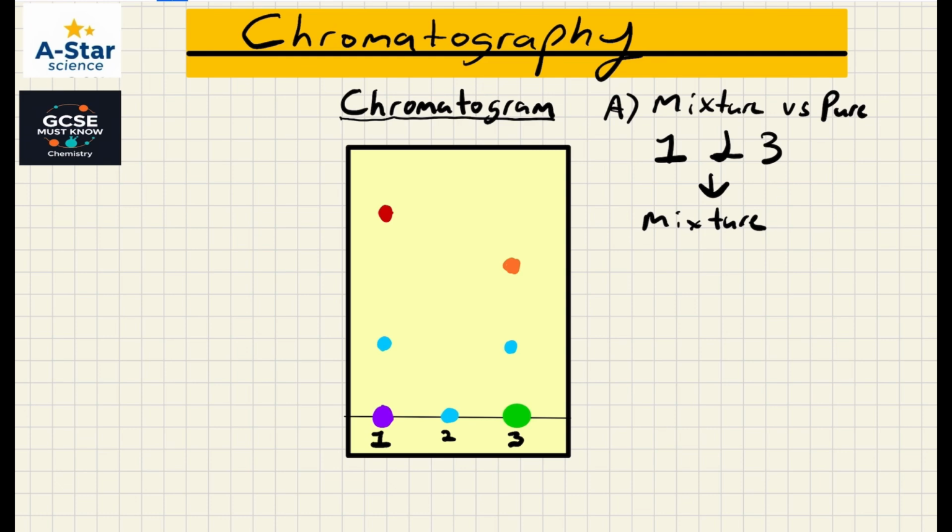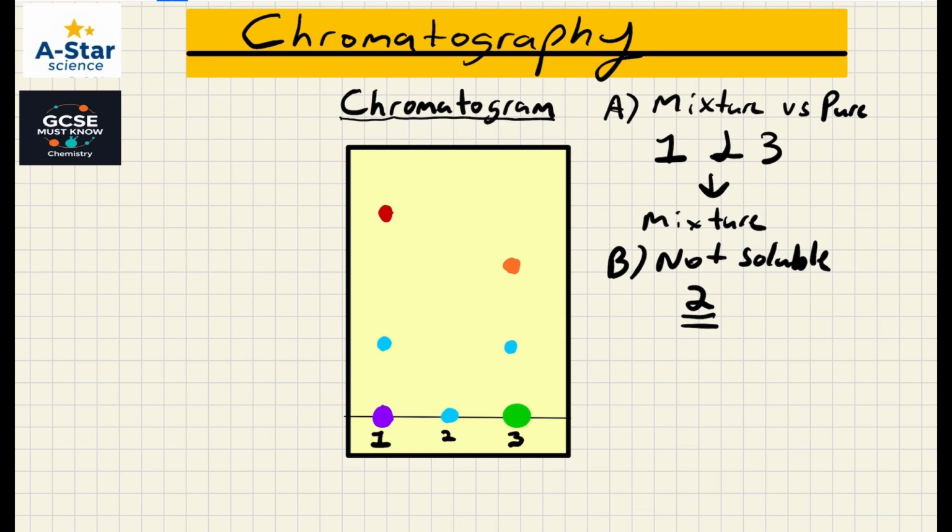We don't know if number 2 is pure. A question you may be asked is, which one is not soluble in the solvent, in the mobile phase? And that would be number 2. That's because nothing has happened. It hasn't separated out into different colors. It may be pure, you never know, but we're going to say that that one is not soluble.